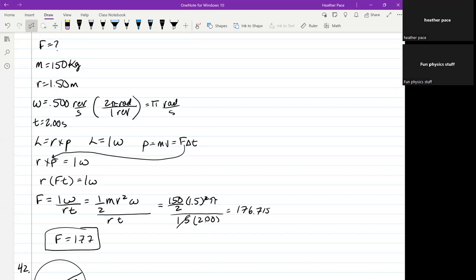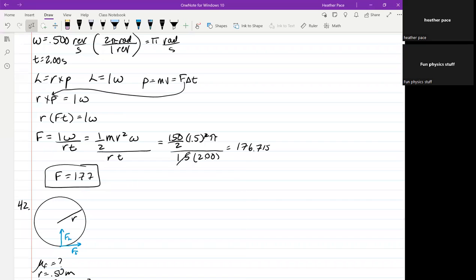We know that P equals F delta T. We stick that in for P, and we have R cross F delta T equals I omega. We rewrite the equation to solve for F.